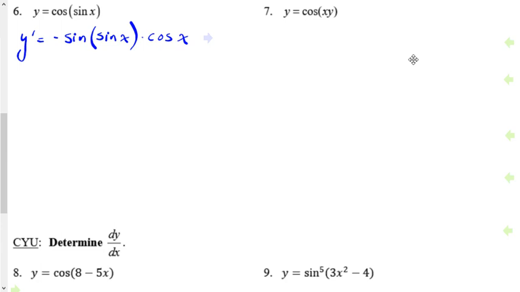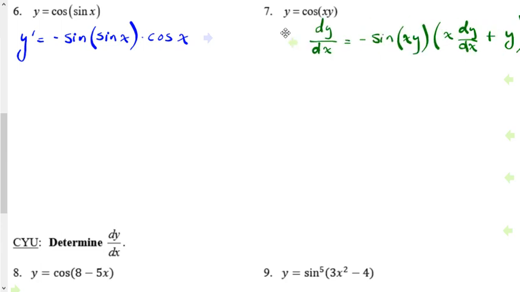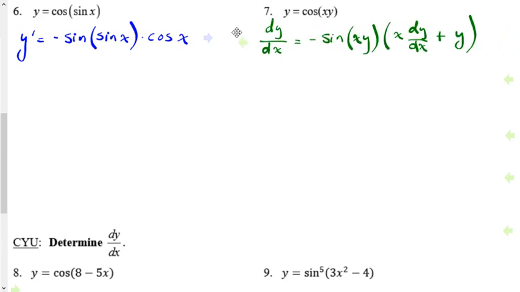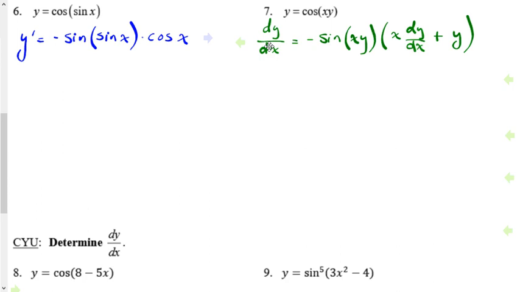So we take the derivative of the left side, dy/dx. The derivative of cosine is the negative sine, keeping the inside unchanged, times the derivative of the inside, which is a product rule. So first times the derivative of the second, plus the second function, y, times the derivative of x, which is just 1. You'll remember for these questions, we want to isolate the dy/dx.